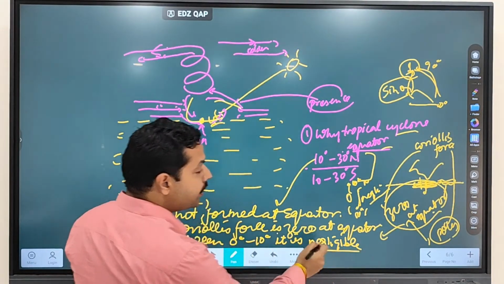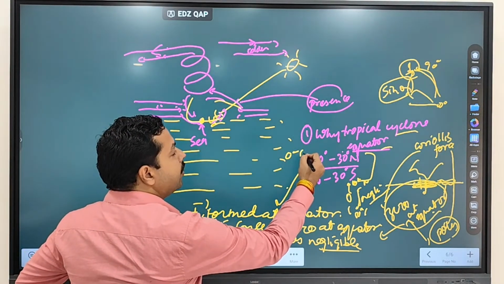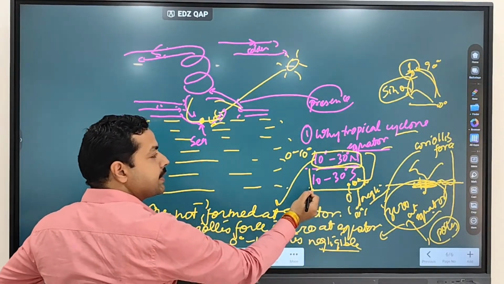That's why it does not cause much deflection. So that is the reason why tropical cyclones do not form between 0 to 10 degree. They are formed from 10 to 30 degree north or 10 to 30 degree south.